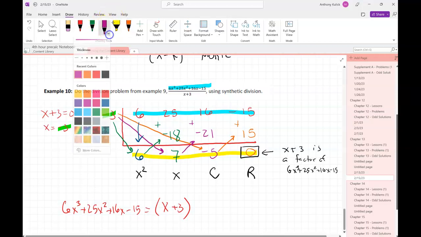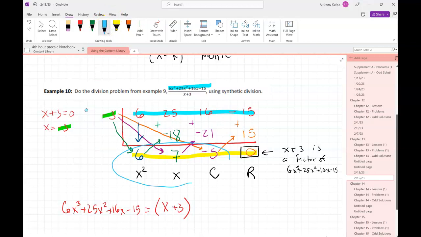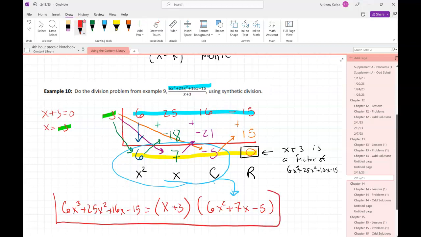And these numbers tell us the other factor that we were missing. So in this way, synthetic division gives us everything that we would get from long division, including the factoring part. It gives us both factors.